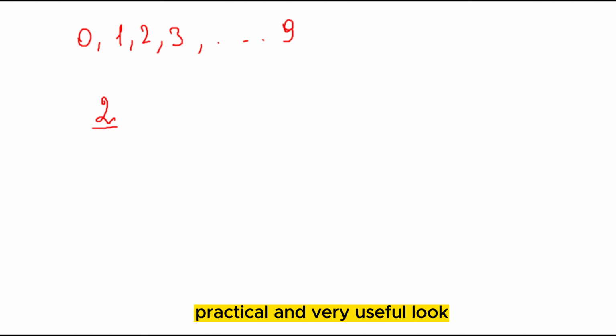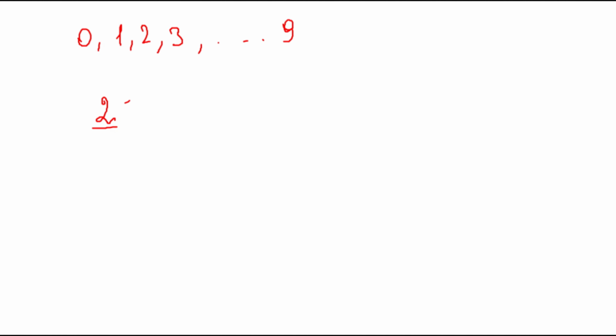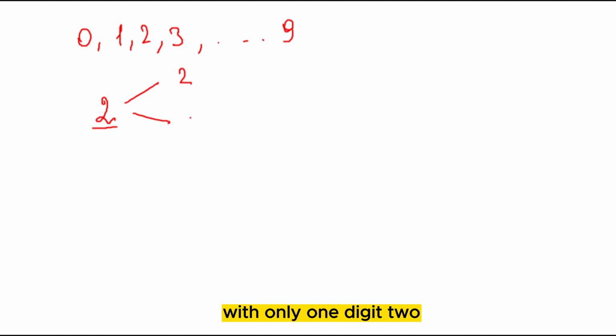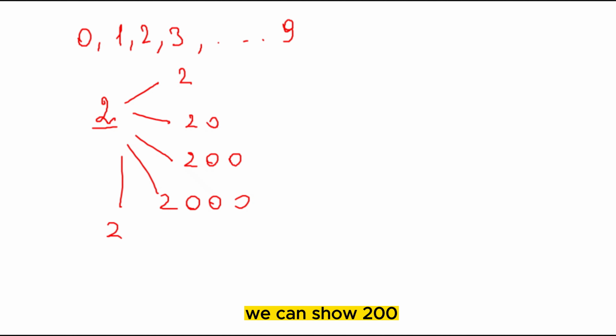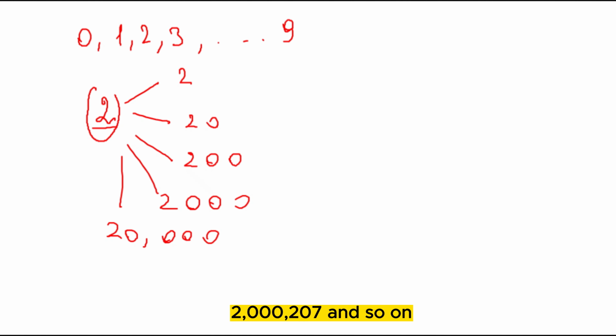practical and very useful. Look, with only one digit 2, we can show 2, we can show 20, we can show 200, we can express 2,000, we can express 20,000, 2,200,000, and so on.